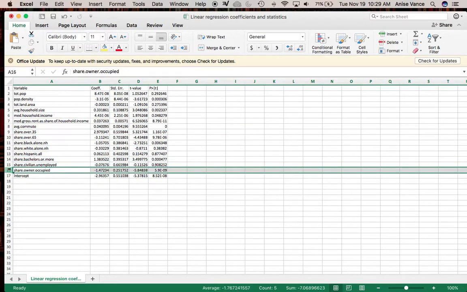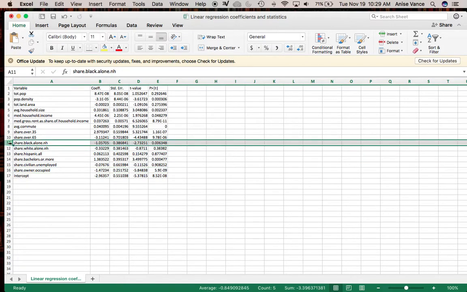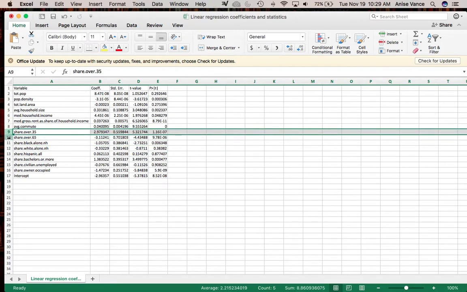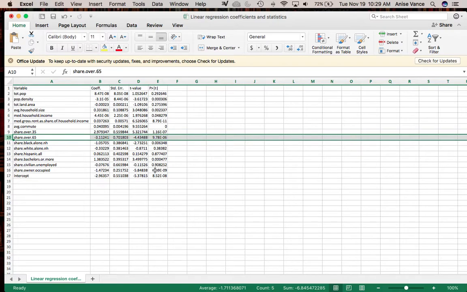So some of the more common ones. We also saw that share black alone was below the 0.05 p-value level, and share over 35, share over 65. So we're having some other things that we know are linearly associated here. So that was helpful.